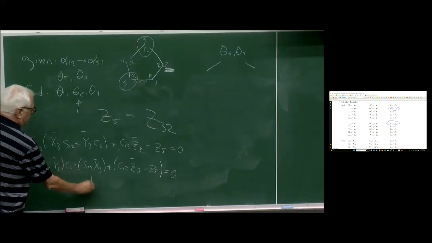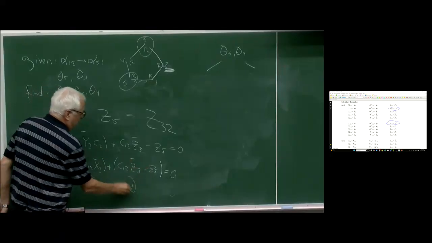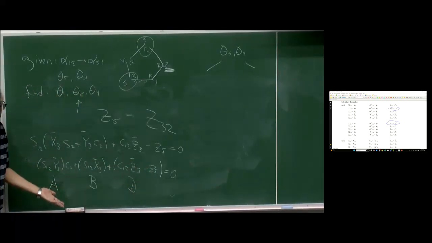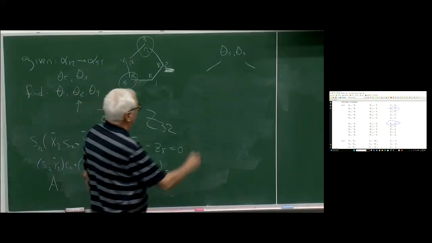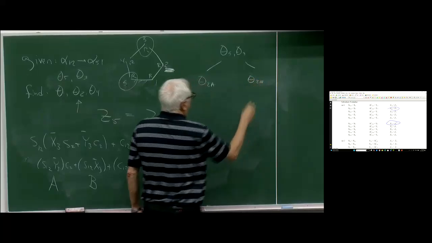Theta 3 is given, theta 5 is given. Oh yeah, that's why we got that function. That's why we're having you write that function, because it's going to be usable to us so often. So from this result, given A, B, and D, I know that there's two possible answers for theta 2.